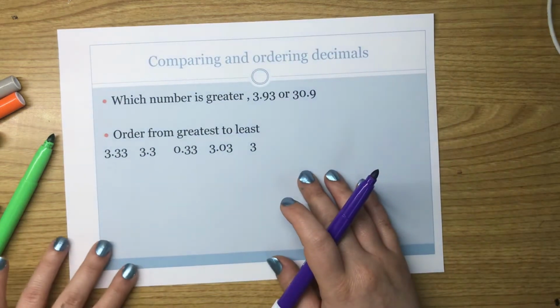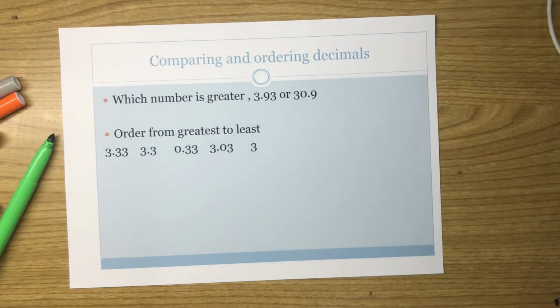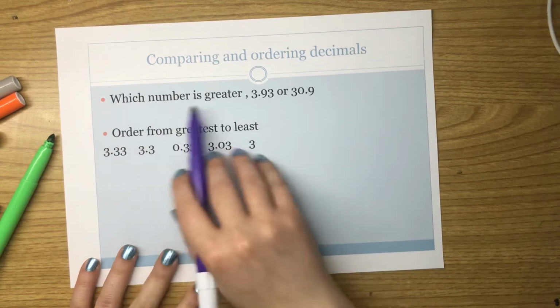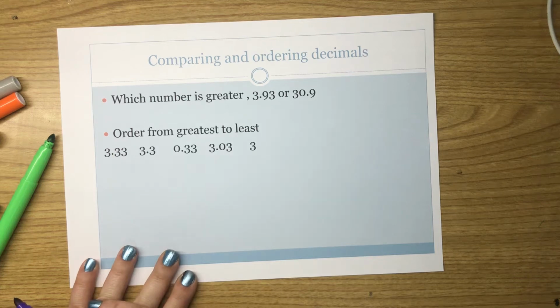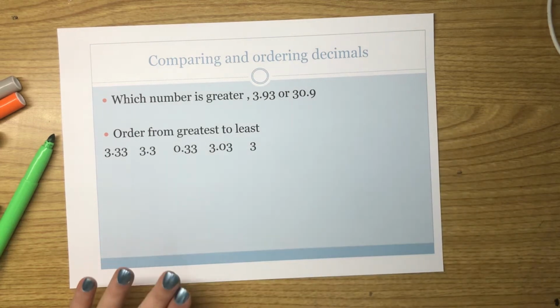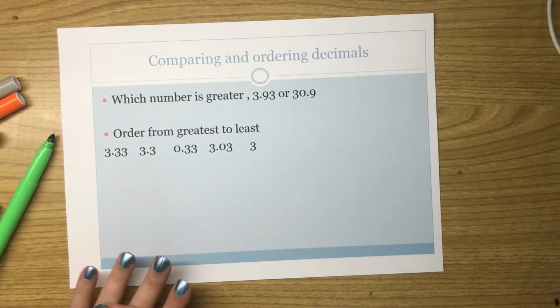Comparing and ordering decimals. Okay, we have to do these two numbers. We are going to know which one is greater. Remember, when you want to compare between numbers, decimal places, you have to see which number has more places for the wholes.